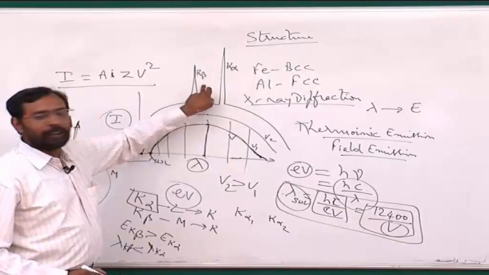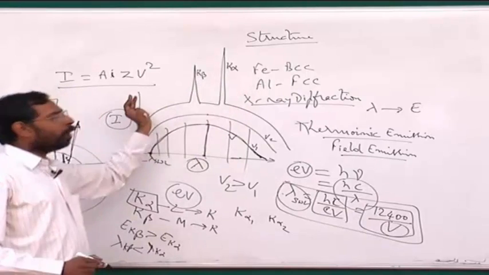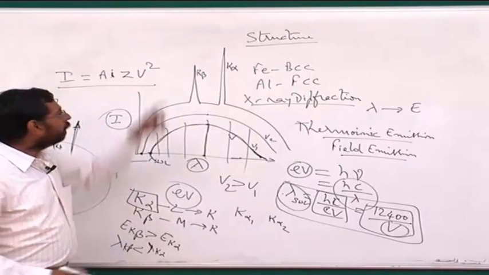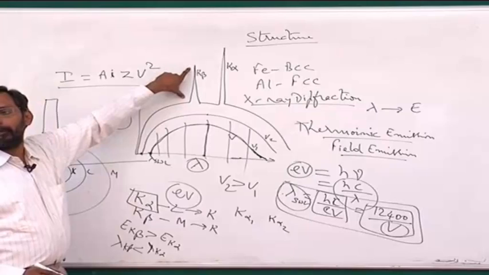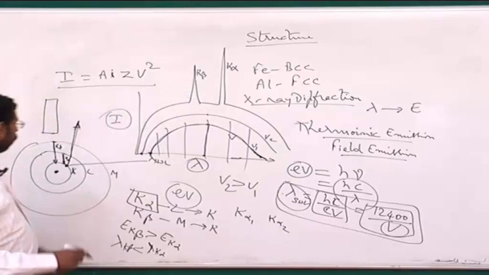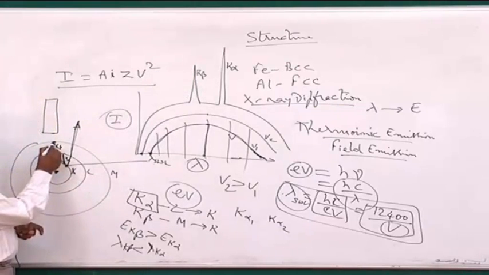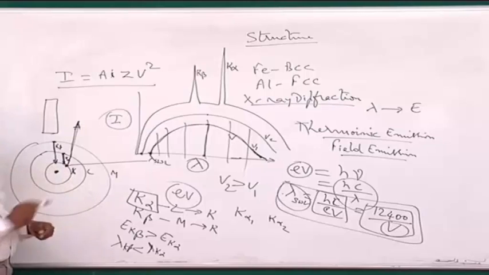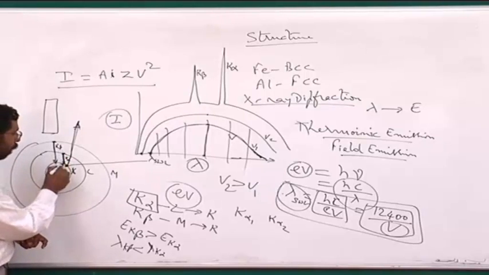Between these two, I will always know that K beta will have a lower lambda than K alpha. Not only that, the intensity also will be lower. Why is the intensity lower? Because the probability of an electron falling from the M shell to the K shell is lower than the probability of an electron falling from the L shell to the K shell, because these two are close by.